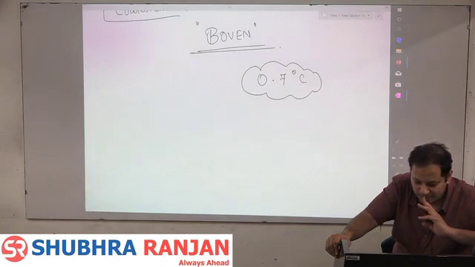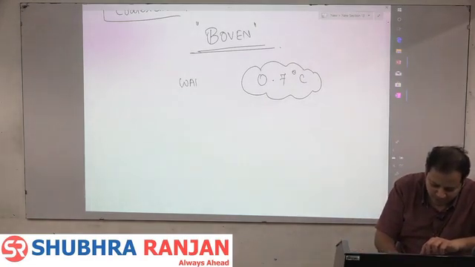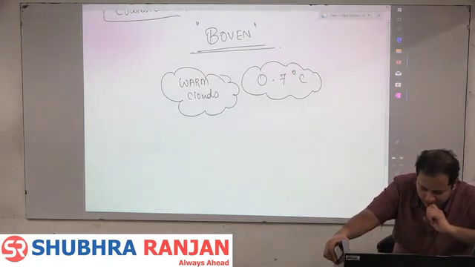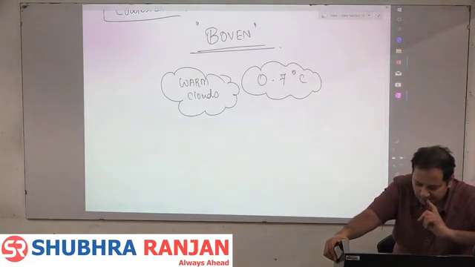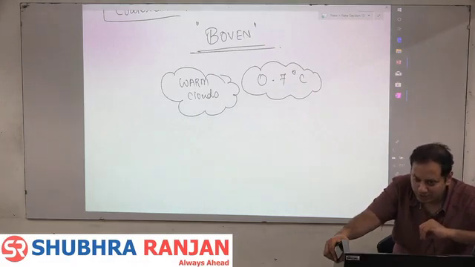Such clouds are known as warm clouds. And the occurrence of the precipitation is not due to snow.